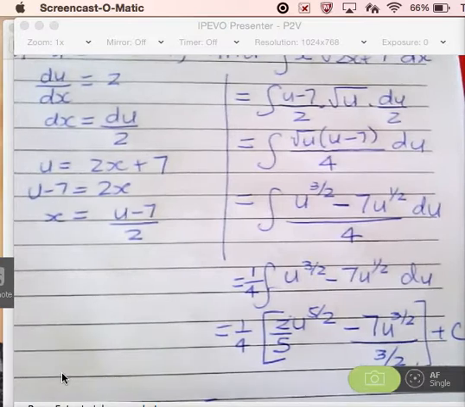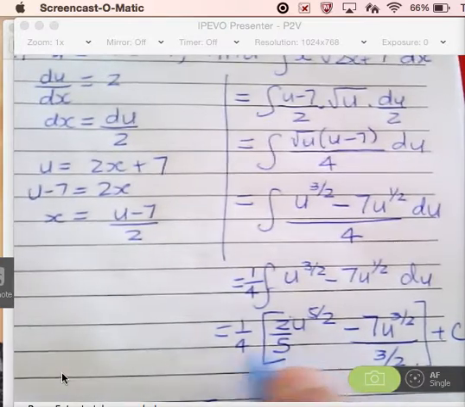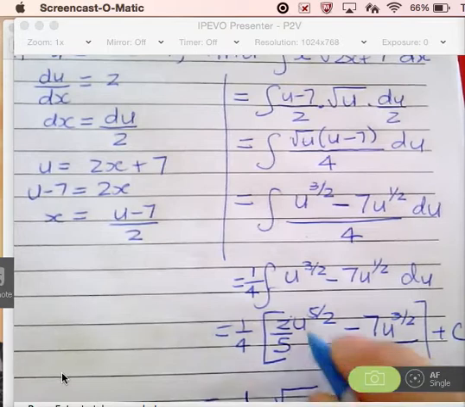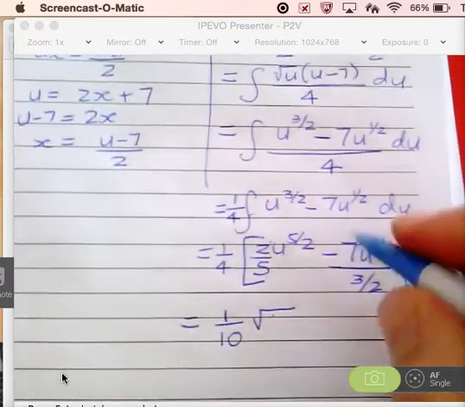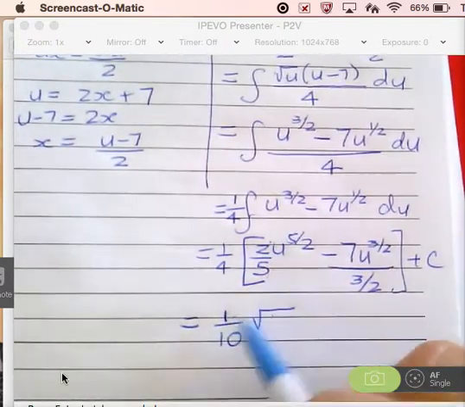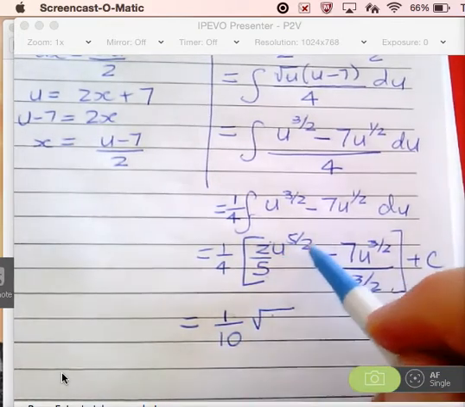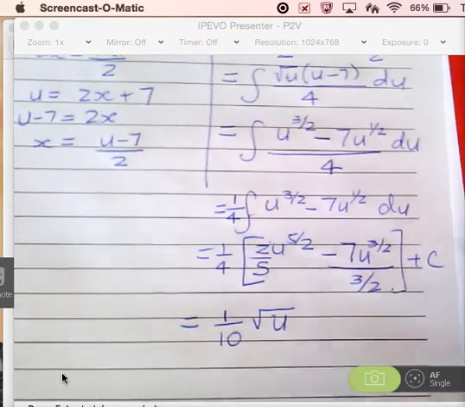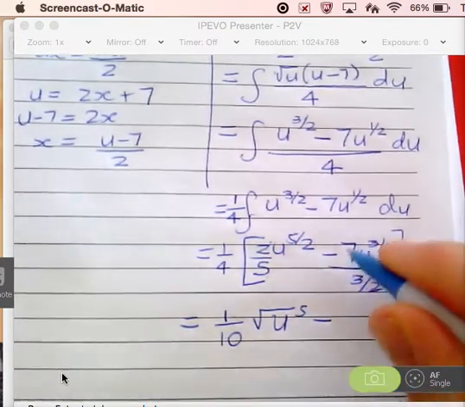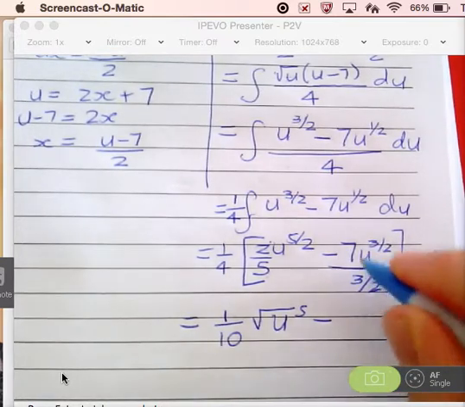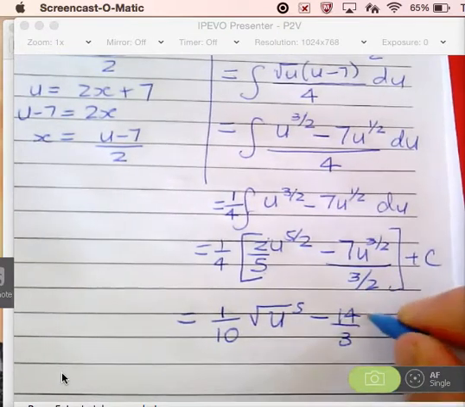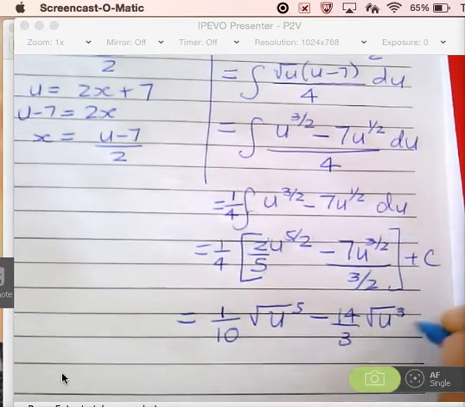What have we got? 2 on 20, which is 1 on 10. 2 over 20 is 1 on 10. u to the 5 on 2 is the square root of u to the 5, minus, because it's 2 on 3, so it becomes minus 14 on 3 square root of u cubed.